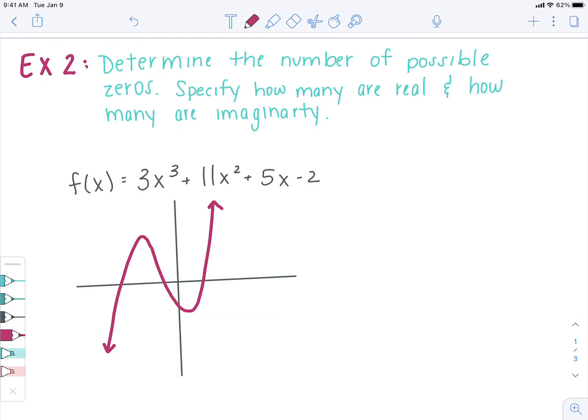So when I look at that, how many real zeros do I have? 3 real zeros, right? How many should I have? 3, right? My degree here is 3. So my fundamental theorem of algebra tells me I should have 3 real zeros, and I do. So I have 3 real zeros, which means my imaginary zeros, 0.